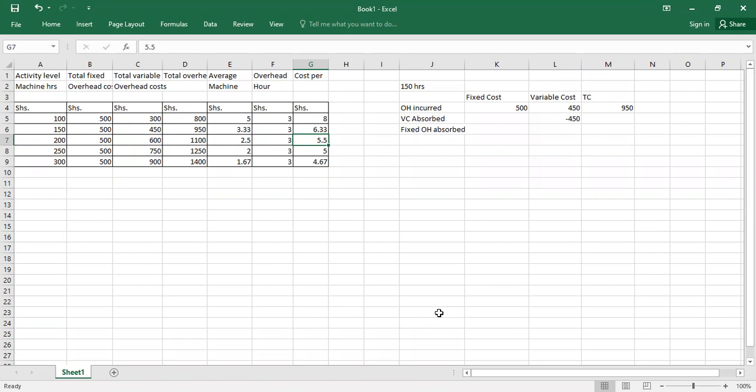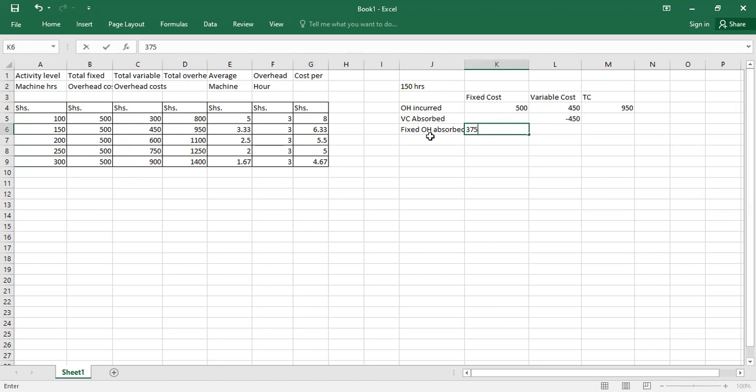So we are going to get our fixed overhead by multiplying the machine hours with the average fixed overhead cost, which is 2.5. What are you going to get? 150 multiplied by 2.5? 375. So you're getting 375, right?